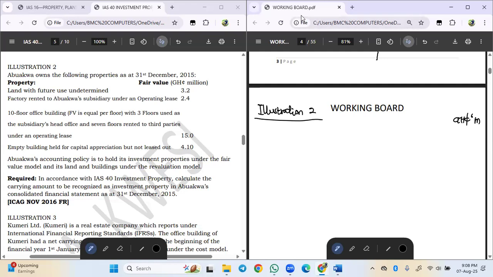The first one is IAS 40, the second one is IAS 16. So I was asking about the first one. So the first one qualifies. So land with future use undetermined.